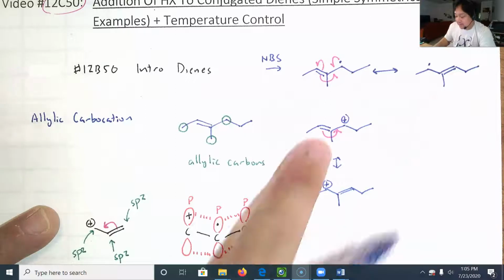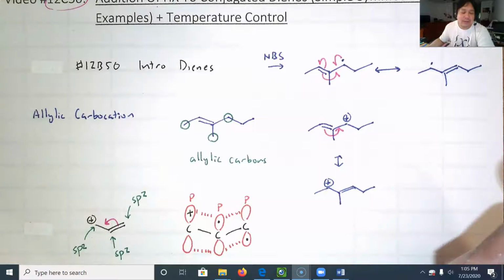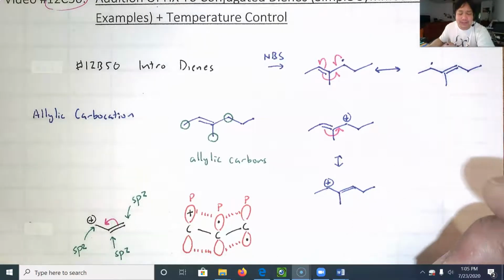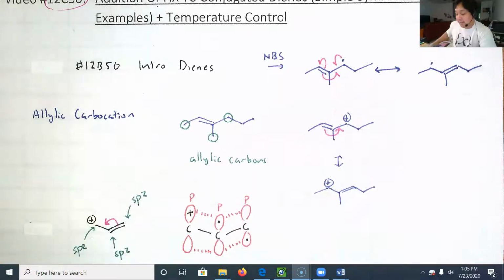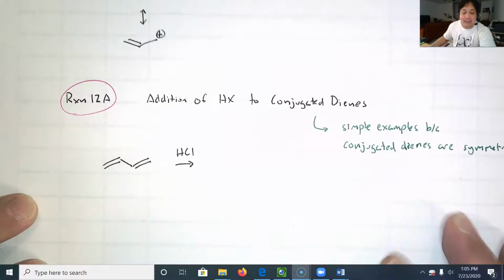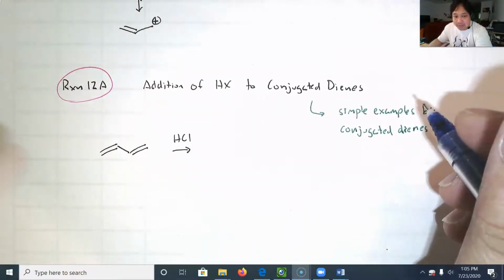Well, we have resonance here also. A lot of times you could expect 2 products. The reason why you wouldn't get 2 products is if by some coincidence the 2 products are identical, which is possible in some cases. And we'll see if it's possible in this case. The 2 products you're going to get.